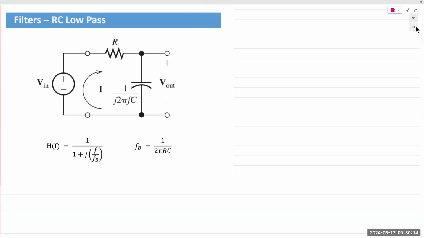Okay, RC filter: you have a resistor that is connected in series, and the output is taken across the capacitor. So we can draw the circuit like this. Just because we take the output across the capacitor does not mean that the resistor and capacitor are not in series.